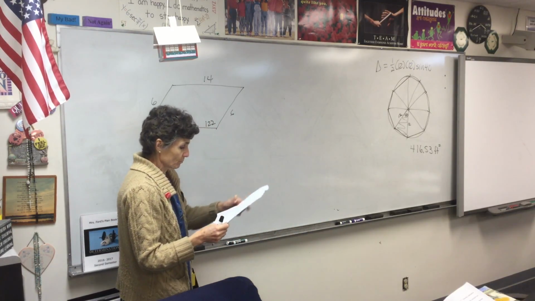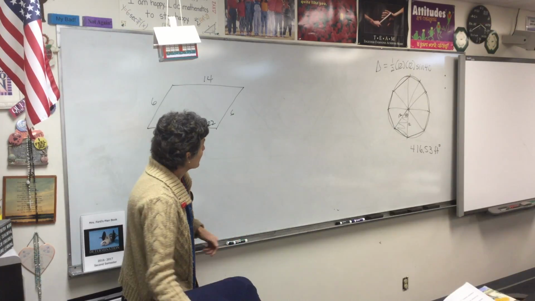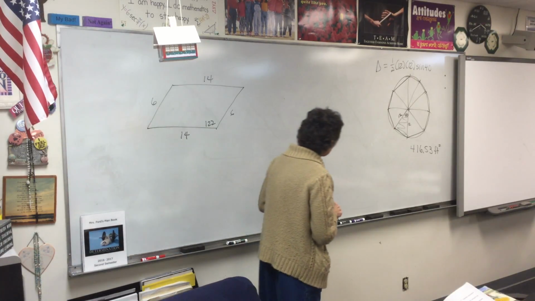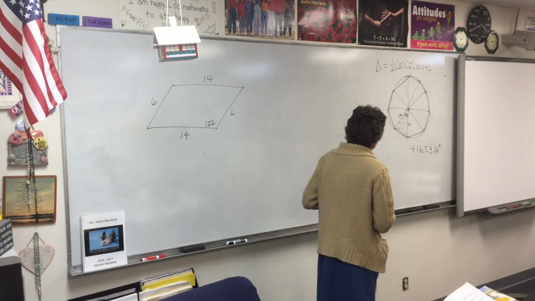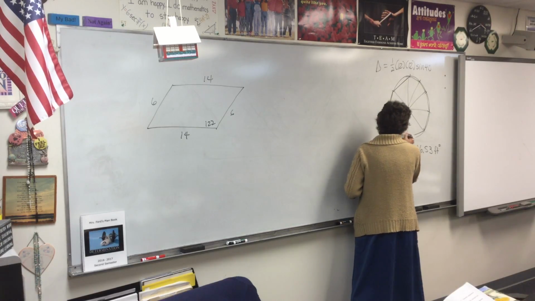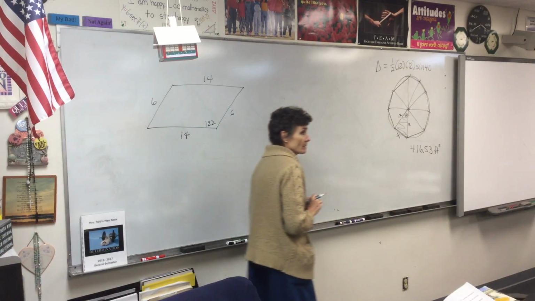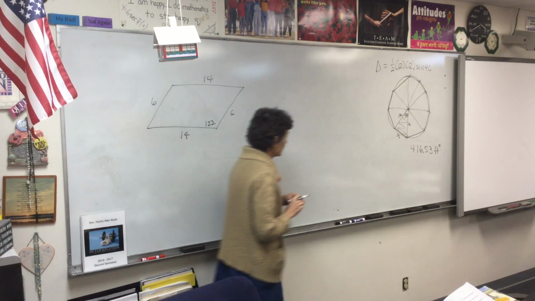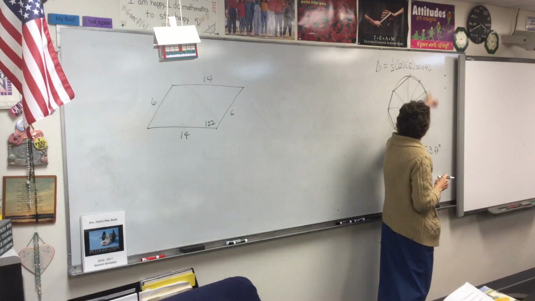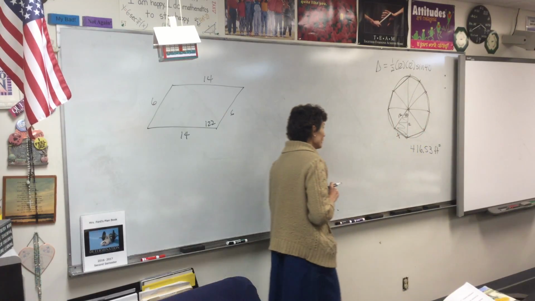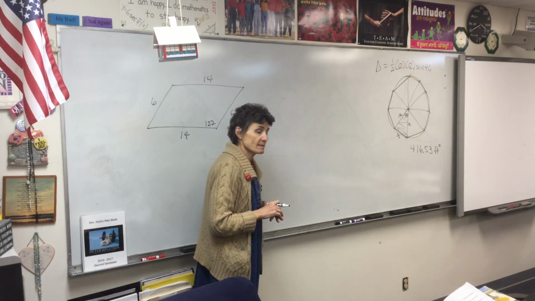I'm back to problem 3, doing the other part of it. I need to find the perimeter, which I guess means I really need to know what that side is right there. Because if I knew what that was, I could again times it by 9, and that would be my perimeter. Okay, now this is not area.